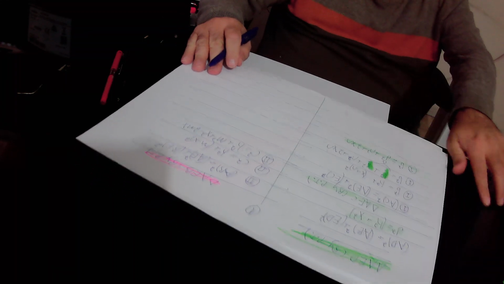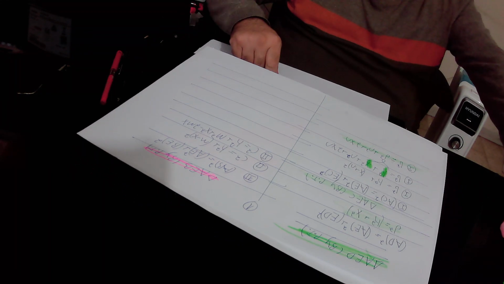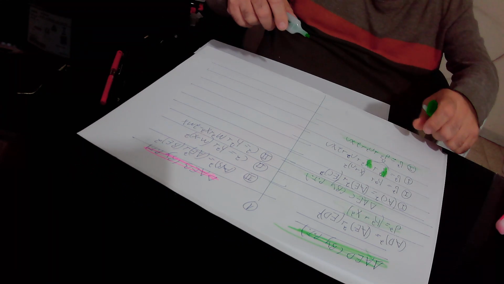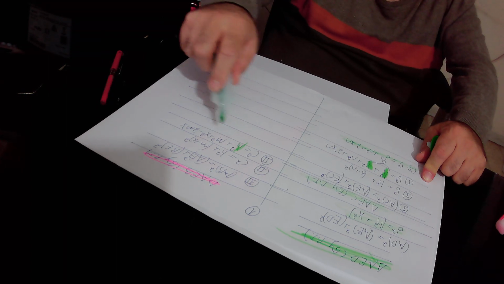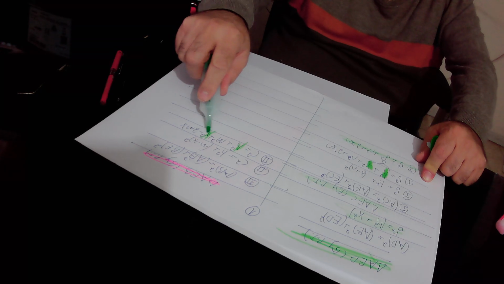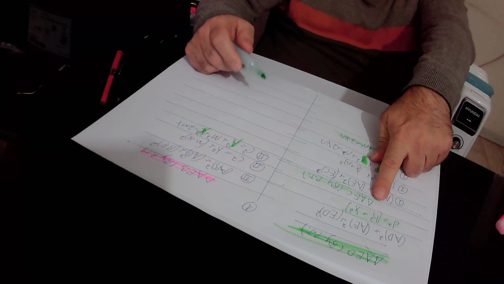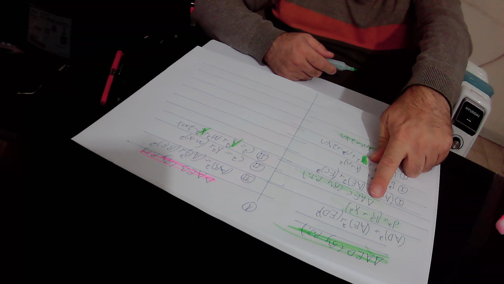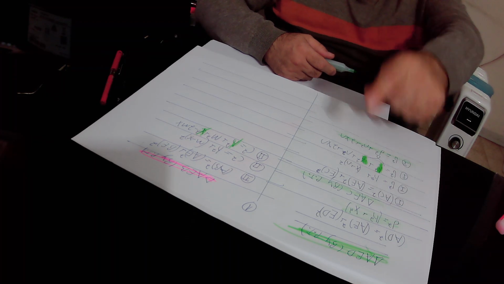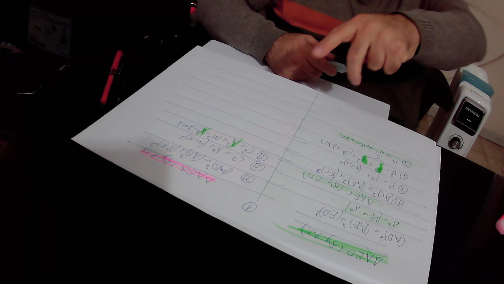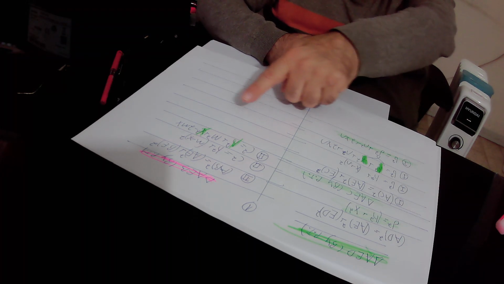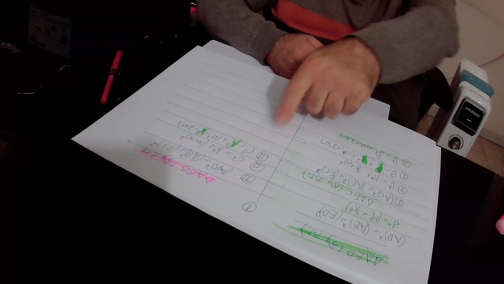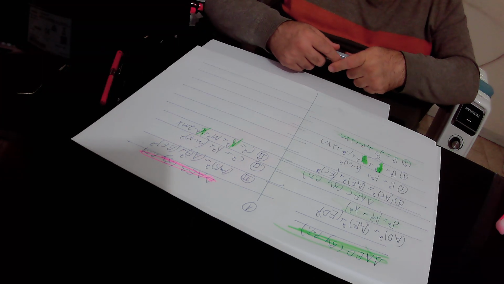We have already found out that in equation number 2, we have H squared plus X squared, and we already found out that H squared plus X squared equals D squared. Therefore, we substitute H squared plus X squared in this equation number 2 by D squared.